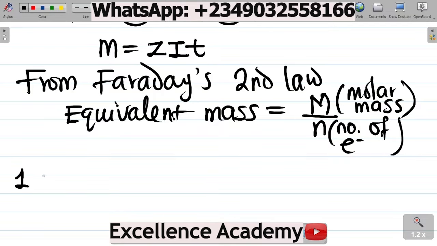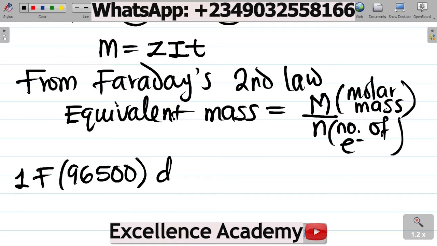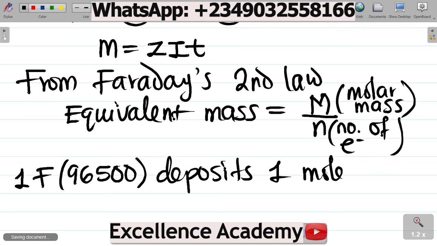And of course, we know that 1 Faraday, which is 96,500 as given, deposits 1 mole of electrons. So what does this mean?